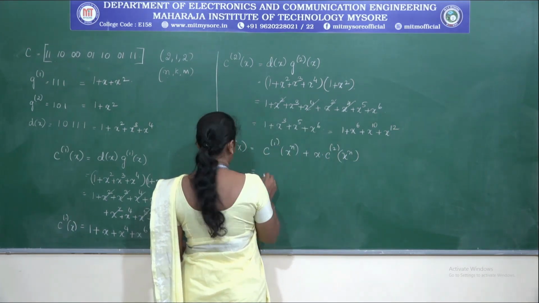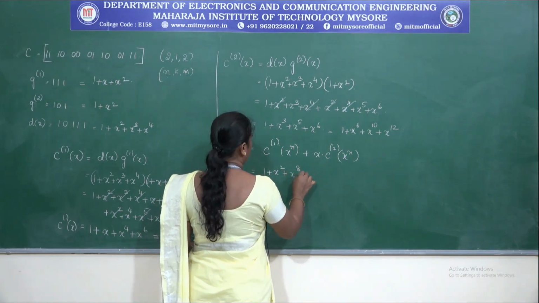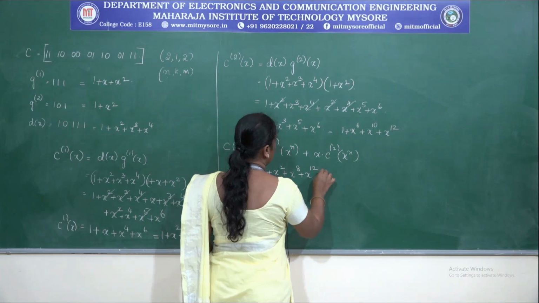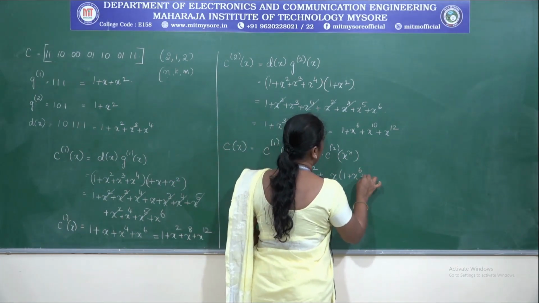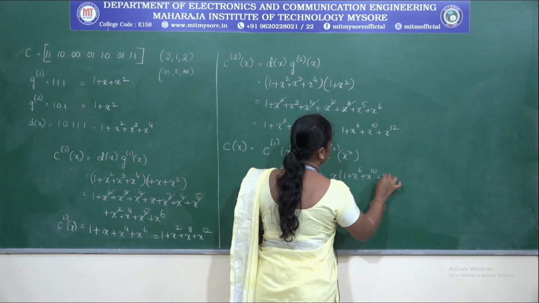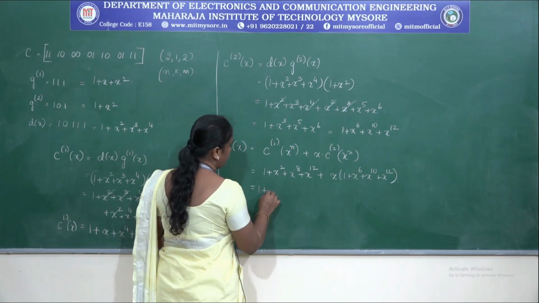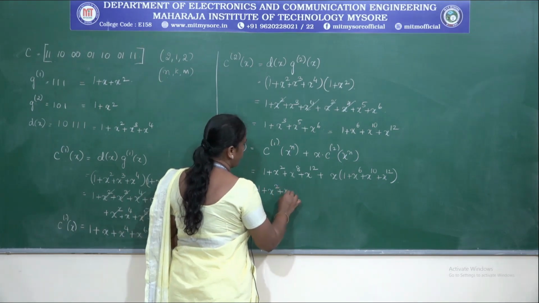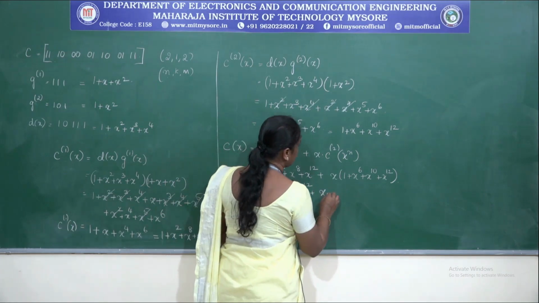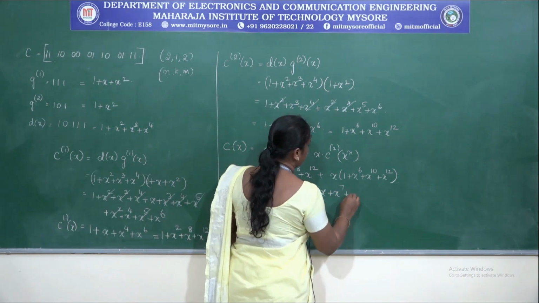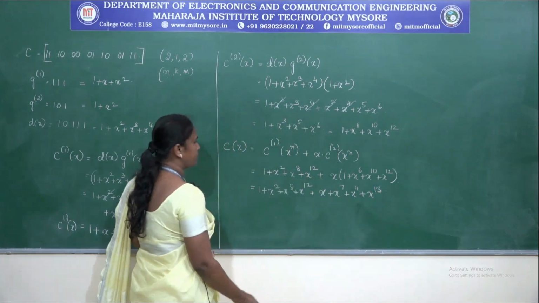So this will be 1 plus x square x8 plus 12 plus x into 1 plus x power 6, x power 10, plus x power 12. So this will be 1 plus x square x8, x12, plus x plus 7 plus 11 plus 13.